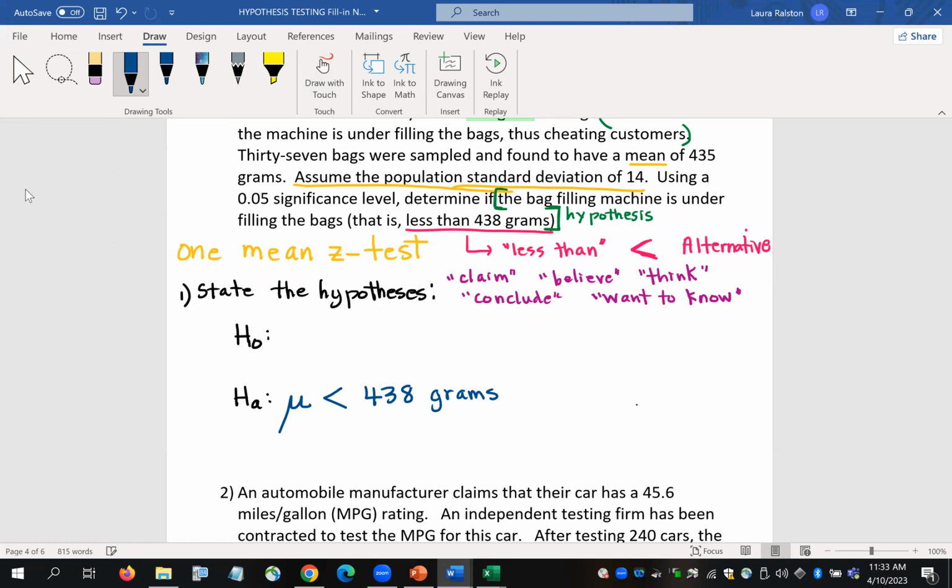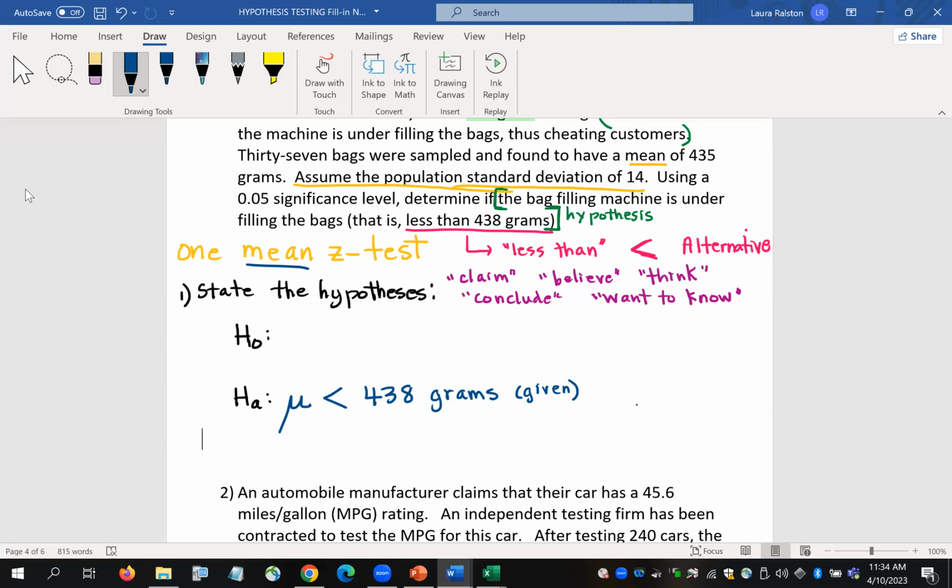Guys, remember that the hypothesis is a claim about the population parameter. Our parameter in this problem is the mean, and the symbol for the population mean is that funky looking U symbol, the Greek letter mu. I'm going to indicate this is the one that's given. You don't have to, but I'm trying to help you realize where it came from. The statement in the problem is that the mean is less than 438 grams.